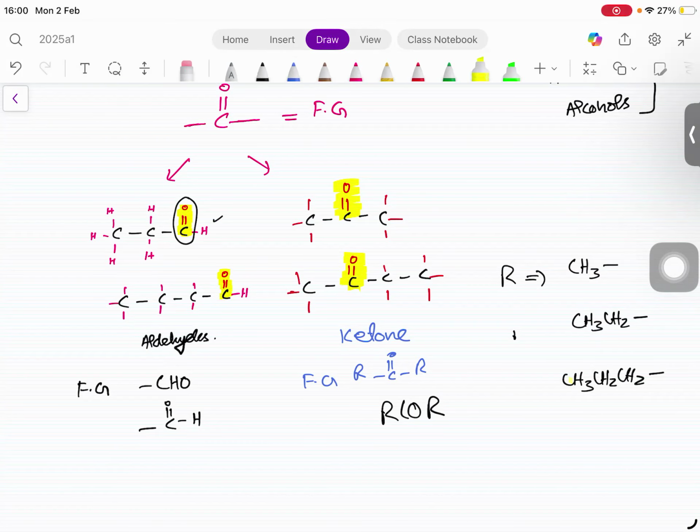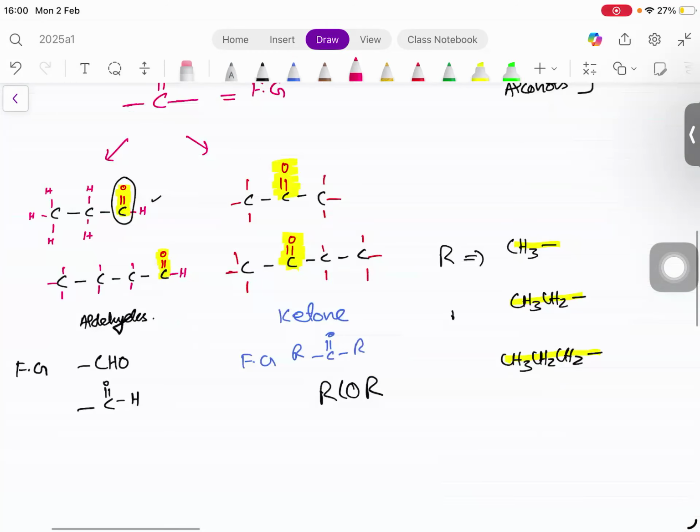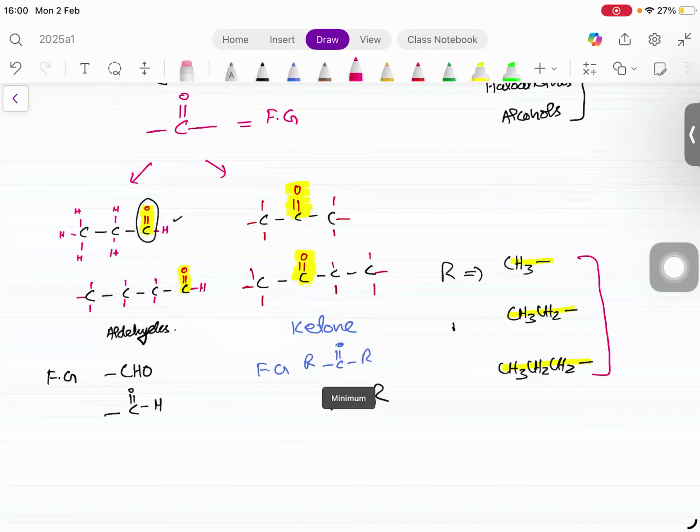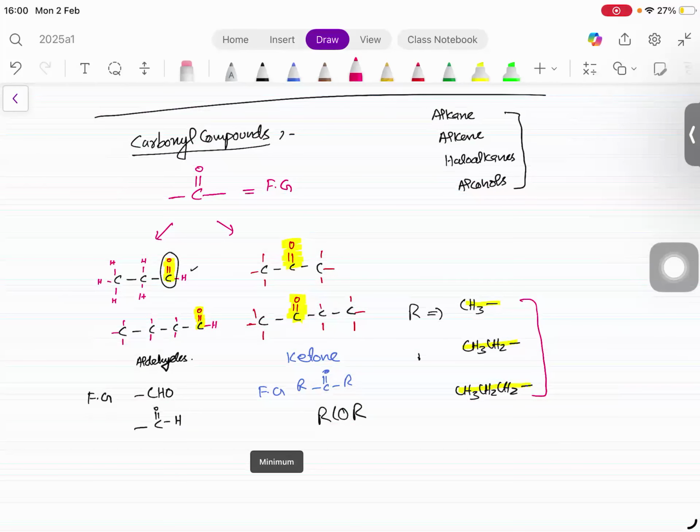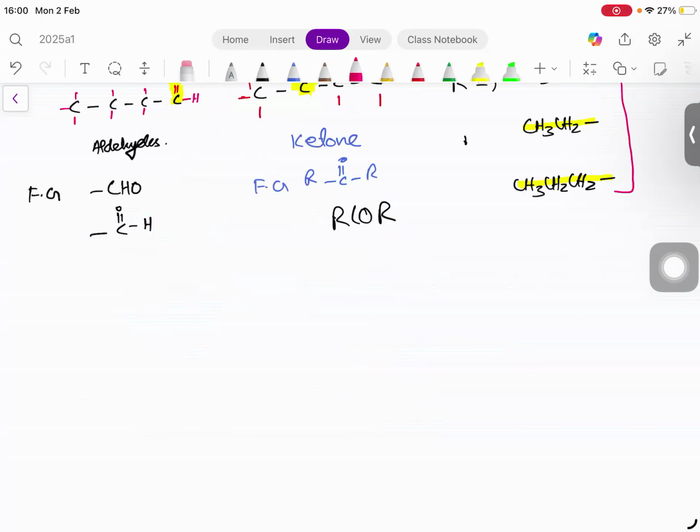Okay, so this is an alkyl group. Is it clear? Okay, now one by one, give the heading aldehydes. These two are two different functional groups, but they are known as carbonyl compounds.